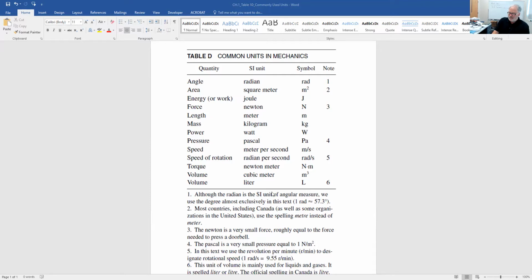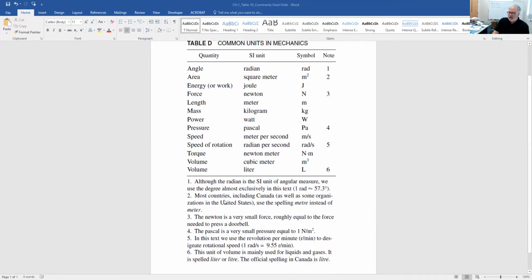The second one I'll point out here is the Newton, and we'll throw this term Newton around a lot. We'll use it in a lot of our derived units, but he says the Newton is a very small force. Down here in the notes, number 3, the Newton is a very small force, roughly equal to the force needed to press a doorbell. So, we need a working knowledge of these common units in mechanics.